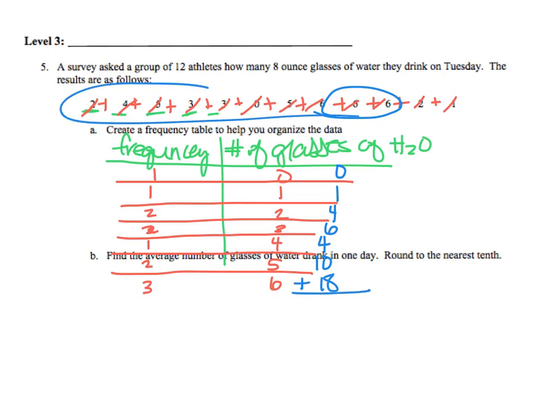If you added all these up too, you can get that as well. So I'm going to add those up. That's 1 plus 4 plus 6 plus 4 plus 10 plus 18. 43.